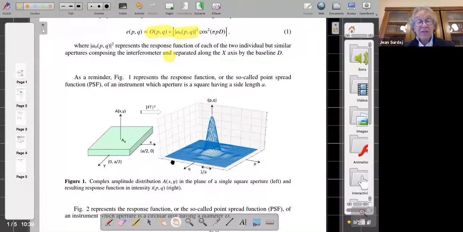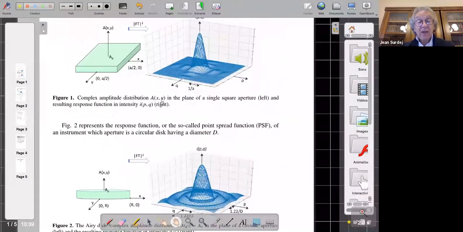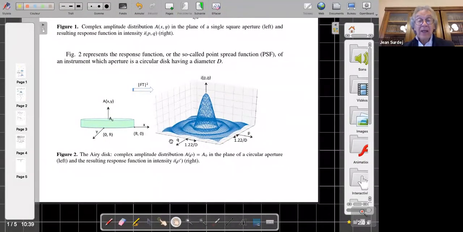For the case of a circular aperture, it's no longer the square of a single function, but the square of a first order Bessel function.